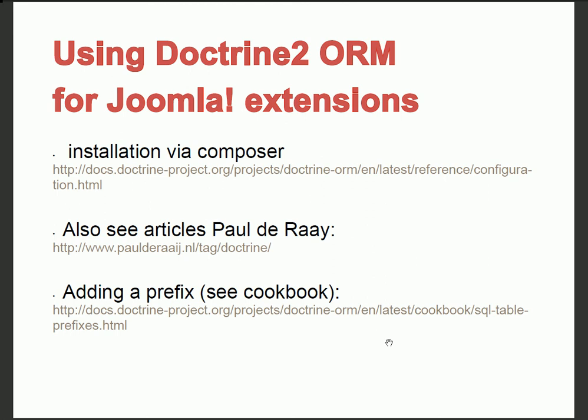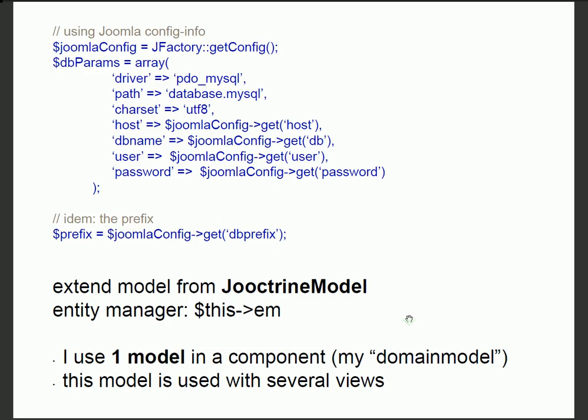Normally in Joomla we add a prefix. Well, you have a nice event system in Doctrine, and you can add a prefix. And how to do that, you can see in the latest cookbook. Of course you get all the configuration from the Joomla configuration, so then you know how the database should be connected and what the database prefix is.